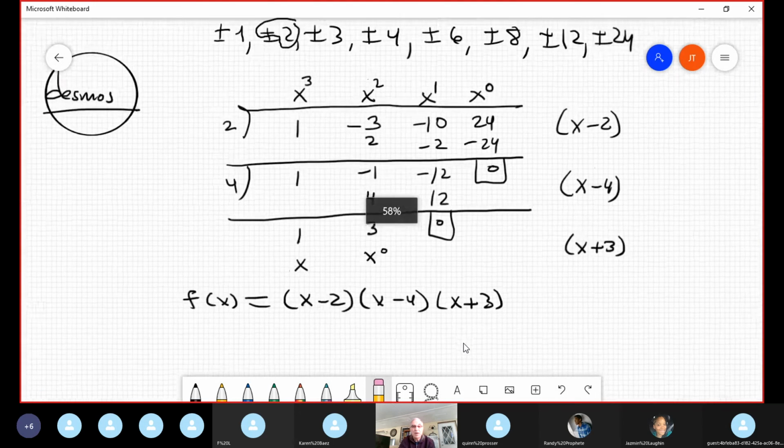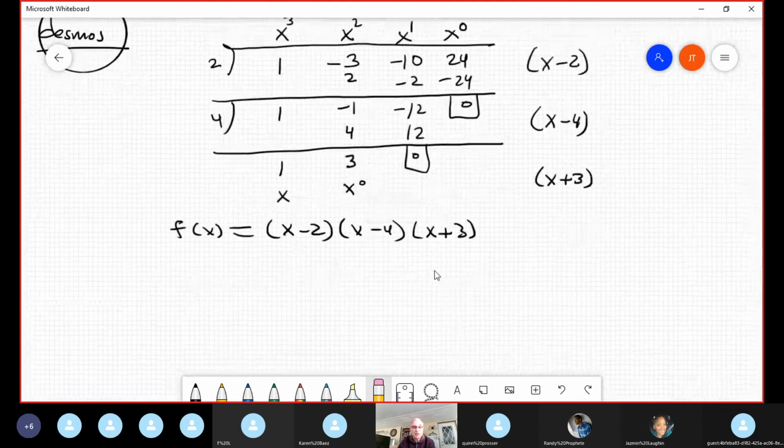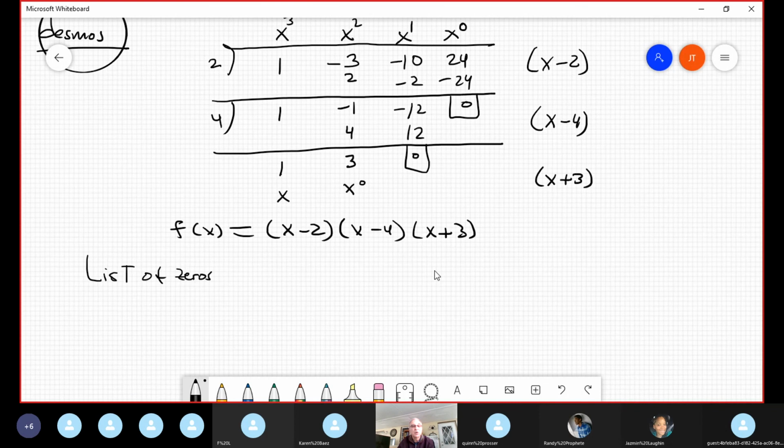Well, okay. What about the list of the zeros of the polynomial? List of zeros of f of x. Well, it is 2, 4, and negative 3. Exactly, we see. Well, this case was pretty easy, elementary.